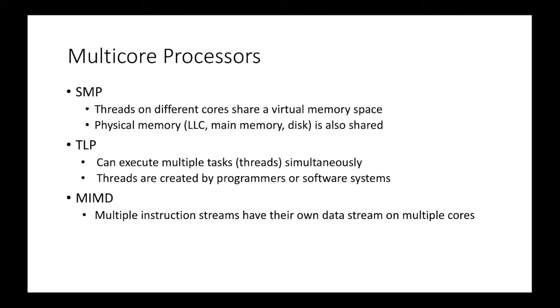You can execute multiple tasks or threads simultaneously, and threads are created by programmers or system software. According to Flynn's taxonomy, it's a MIMD type machine, multiple instruction, multiple data. Multiple instruction streams have their own data stream on each core.